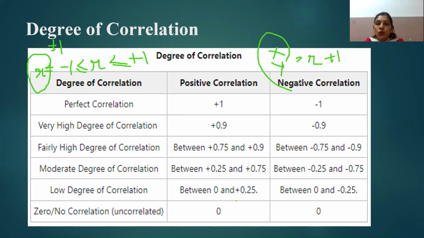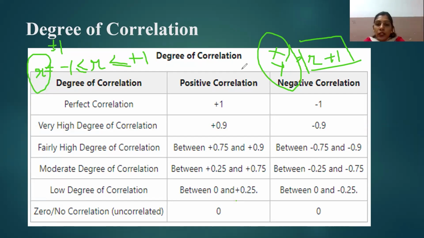Suppose we are studying two variables x and y, there is a positive linear correlation between x and y, so the value of r comes close to plus 1. And an r value of exactly plus 1 indicates a perfect positive correlation.